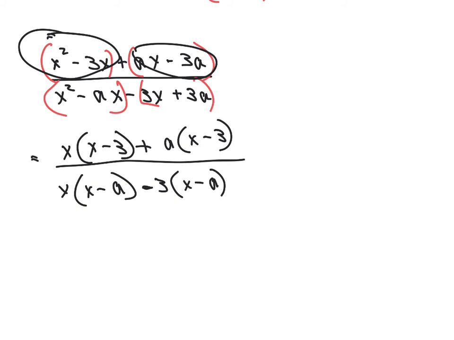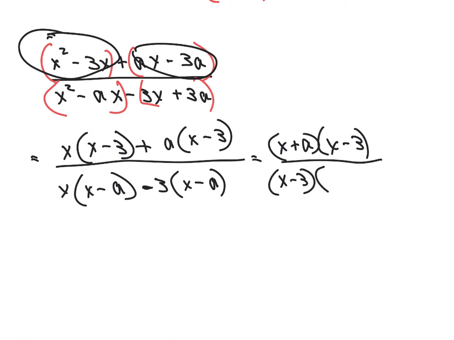All right, so let's go ahead and bring our a and our x together, and our x minus 3 together, and that's going to be over x minus 3. And then we've got x minus a.